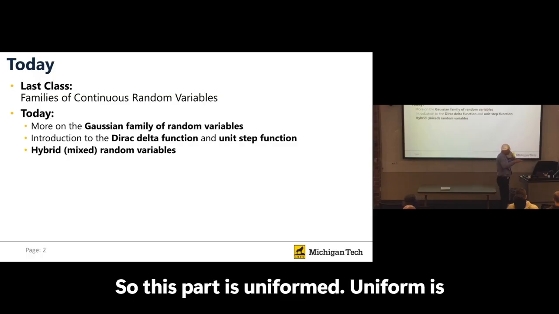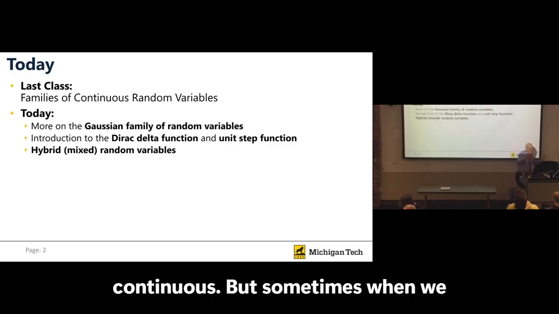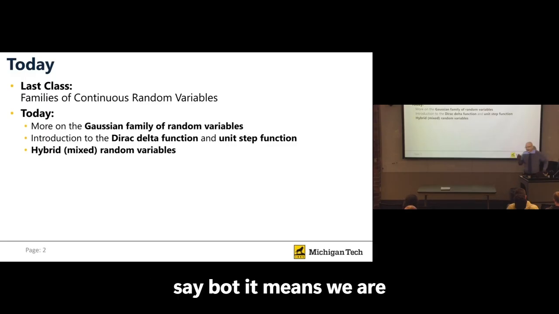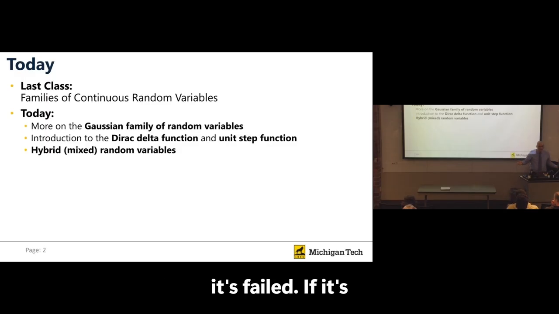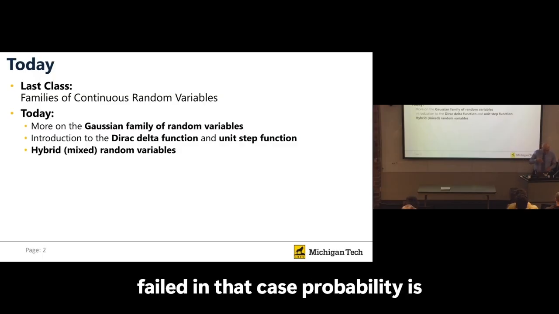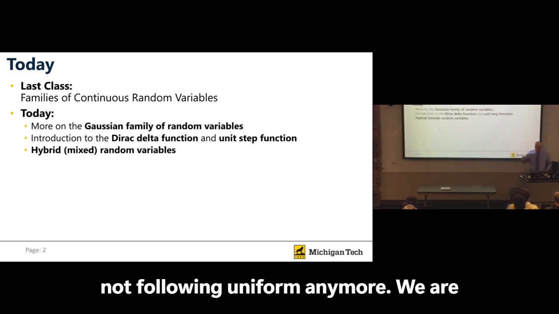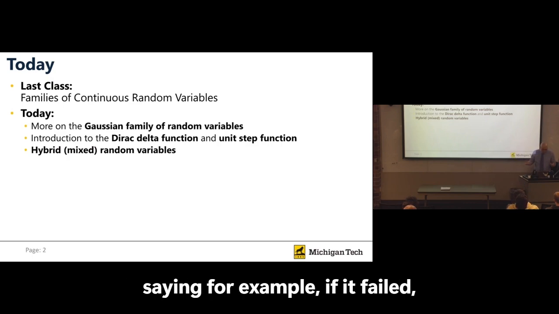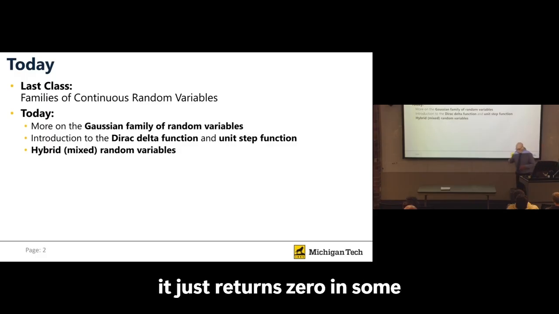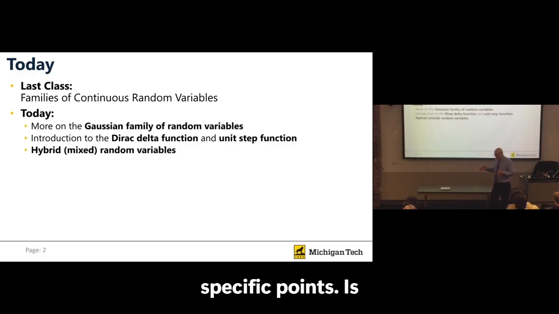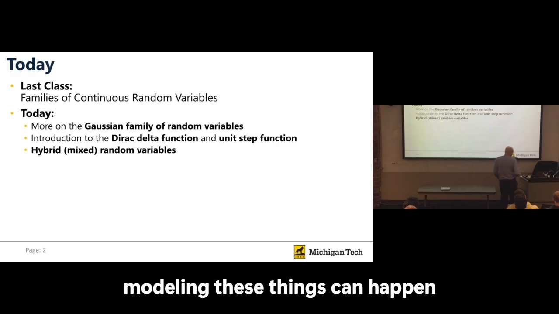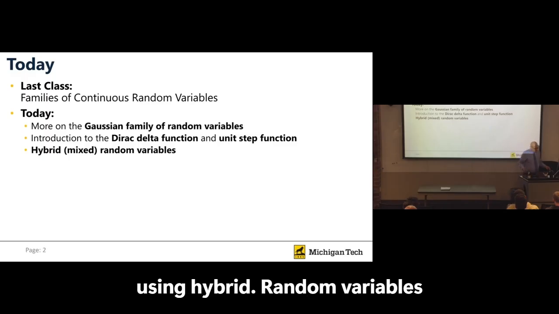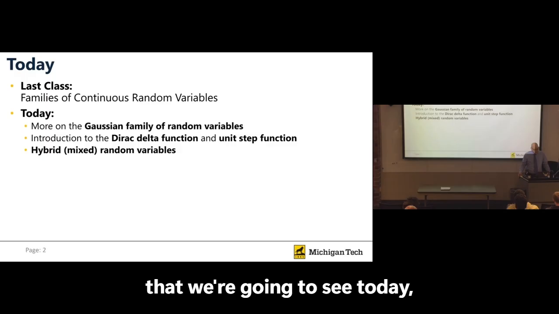So this part is uniform, and uniform is continuous. But sometimes we add some extra things. If it failed, in that case, the probability is not following uniform anymore. If it failed, it just returns 0. In some specific points, it is not following the same distribution. Modeling these things can happen using hybrid random variables, which we're going to see today.